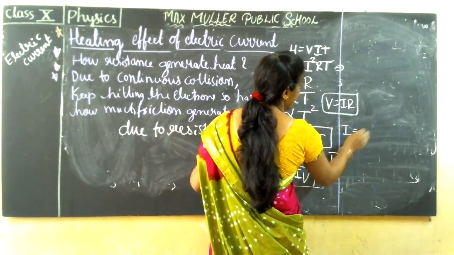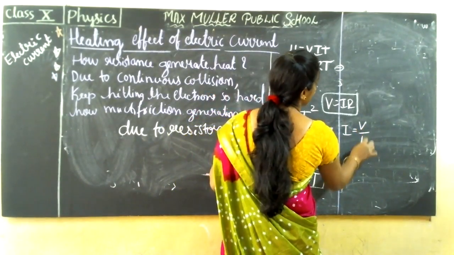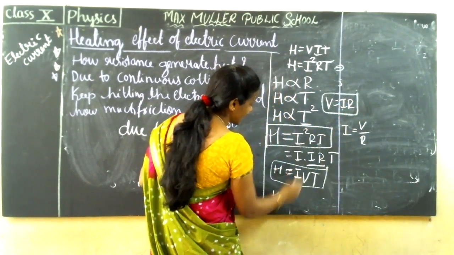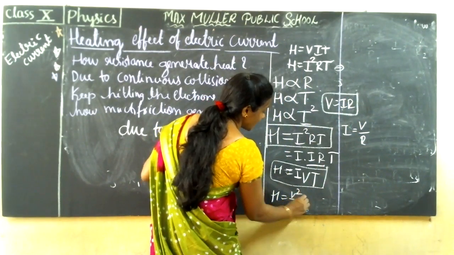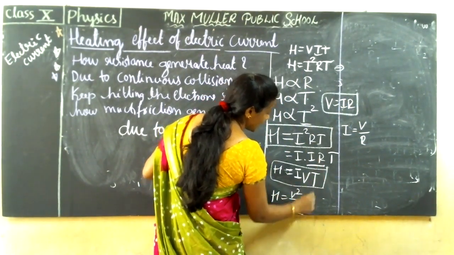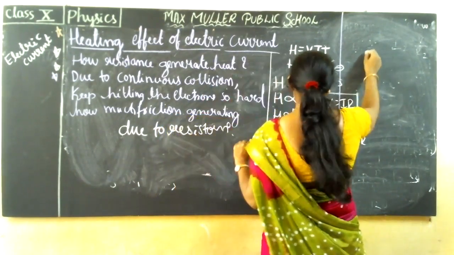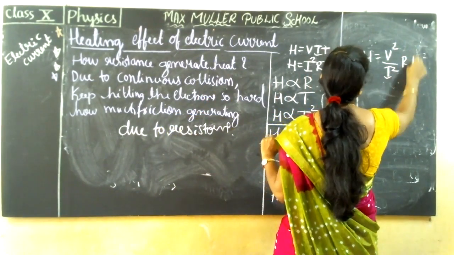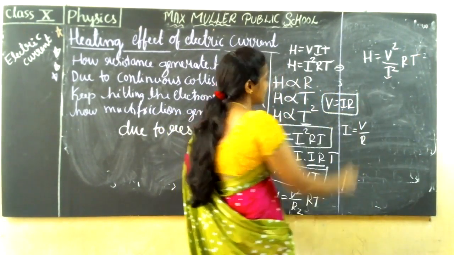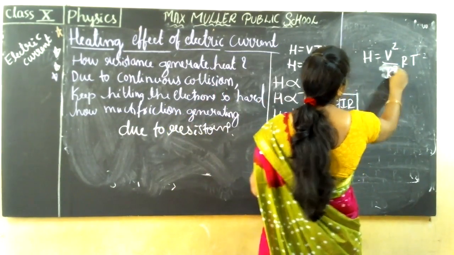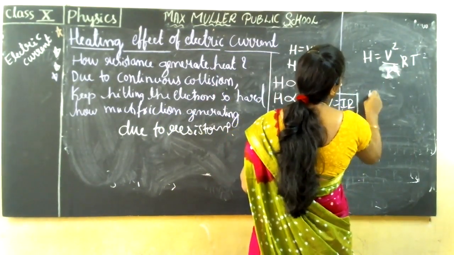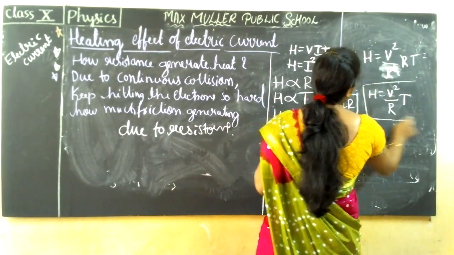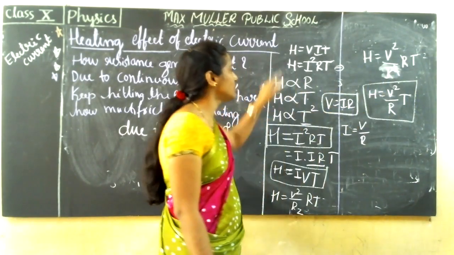I is equal to V by R. Here we have I square, so you need to write V square by R square into R T. H is equal to V square by R square into R T. R gets cancelled. So H is equal to V square by R into T. This is another formula.